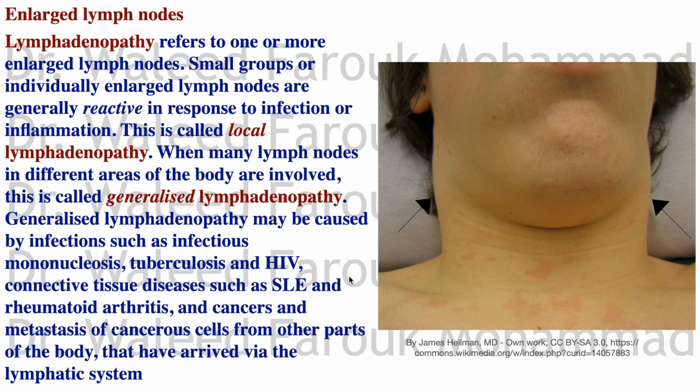Generalized lymphadenopathy can be caused by infections such as infectious mononucleosis, TB, HIV, and by systemic lupus erythematosus and rheumatoid arthritis, meaning autoimmune diseases, and cancers and metastasis of cancerous cells from other parts of the body. Here you can see evident enlargement of the cervical lymph nodes under the mandible.